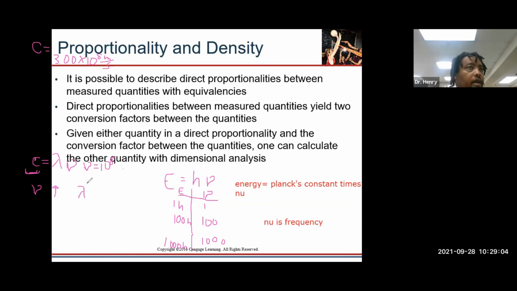And this is 1 over seconds. So if we plug that into this equation, we get C equals 3.00 times 10 to the 8th meters per second. If we were solving for lambda, we would just get C divided by nu equals lambda. Can you guys see that in the corner?